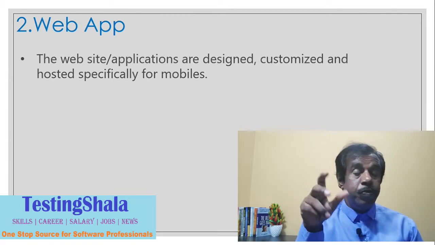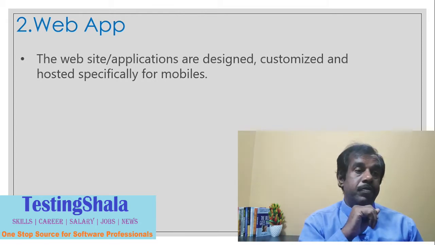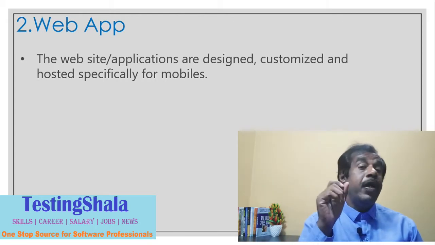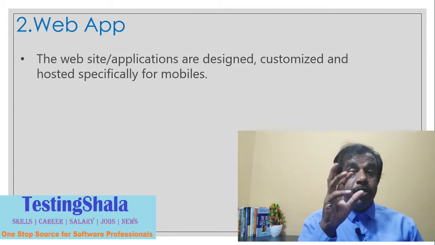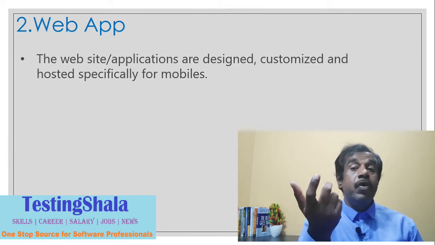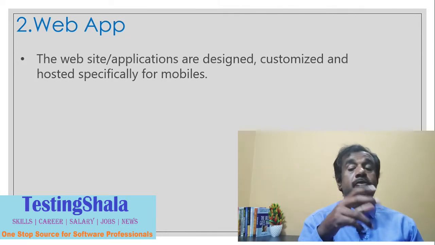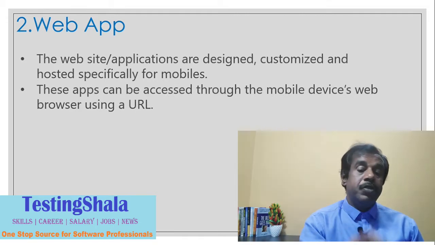If I try to open it in a browser, it renders as a mobile app. That is the funda of a web app. A web app is basically designed, customized, and hosted for access from mobiles, and these web apps can be accessed using mobile browsers.